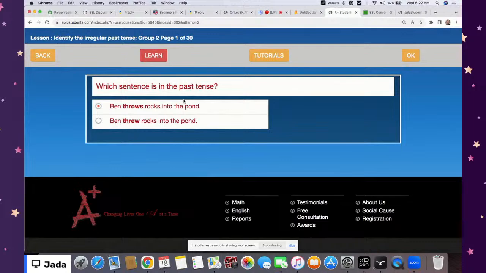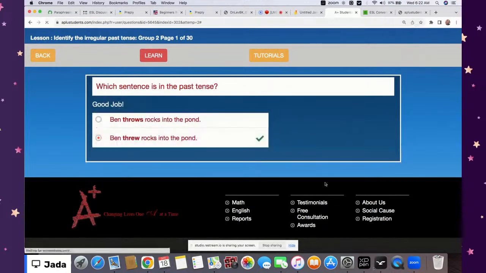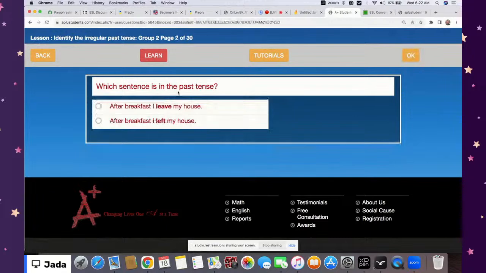So what's our answer? It's going to be the second, a past tense.